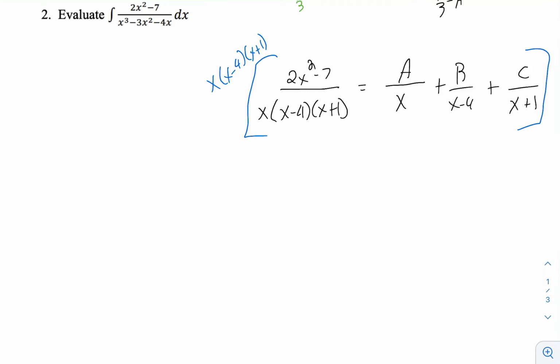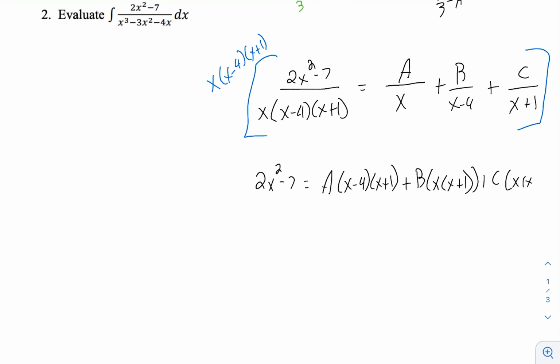And when we do that, we'll be left with 2x squared minus 7 is equal to a times x minus 4 times x plus 1 plus b times x plus 1, and then plus c times x minus 4.